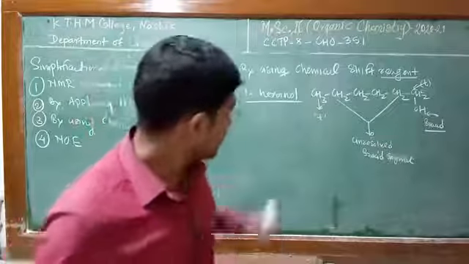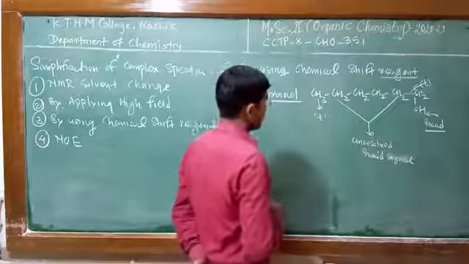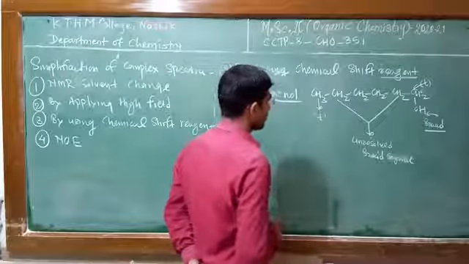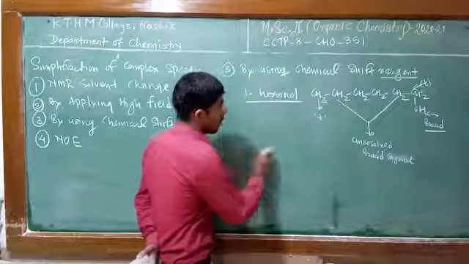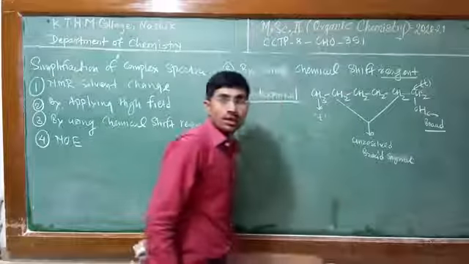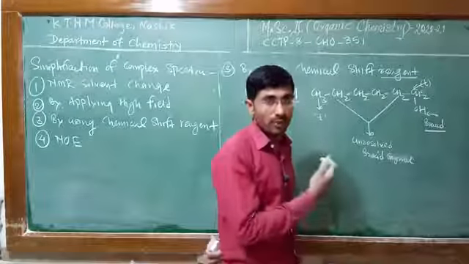But when we add the chemical shift reagent to 1-hexanol, whose spectrum is to be determined, all these methylene groups give signals with proper multiplet structure.